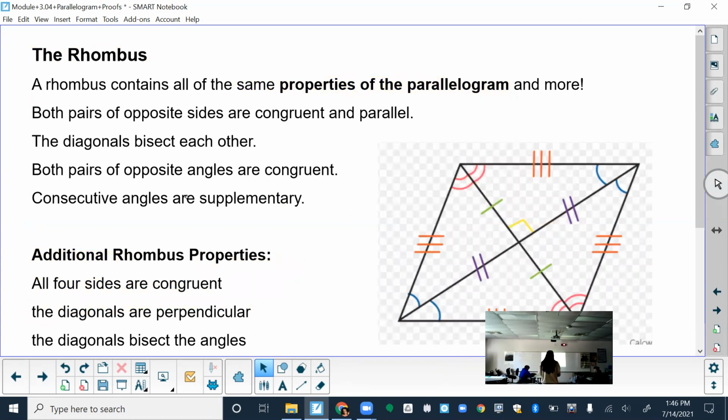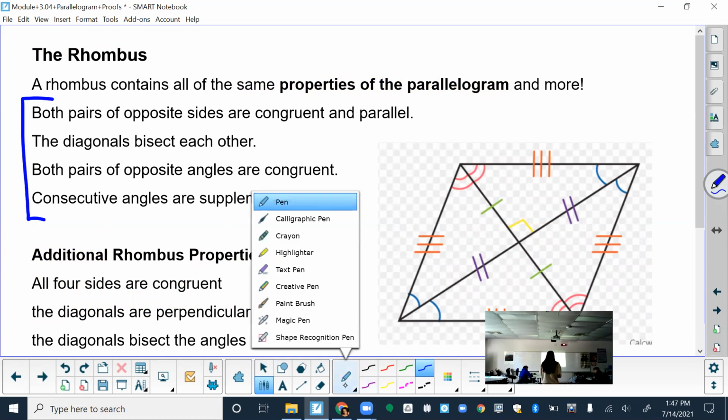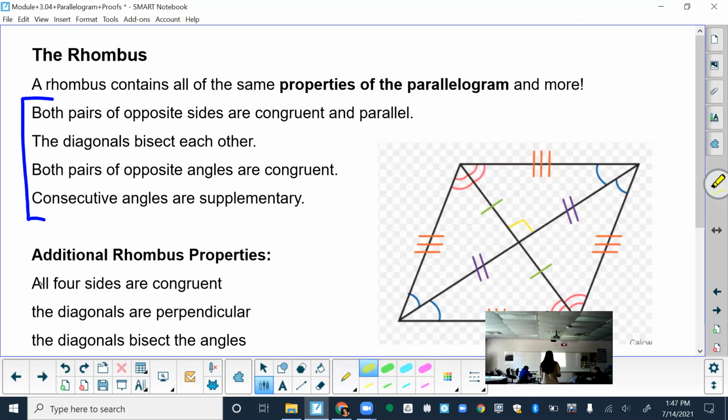Now we have rhombus. They have the same properties as a parallelogram, which are these ones right here. These are all the same as parallelograms. But the additional ones are that the 4 sides are congruent.